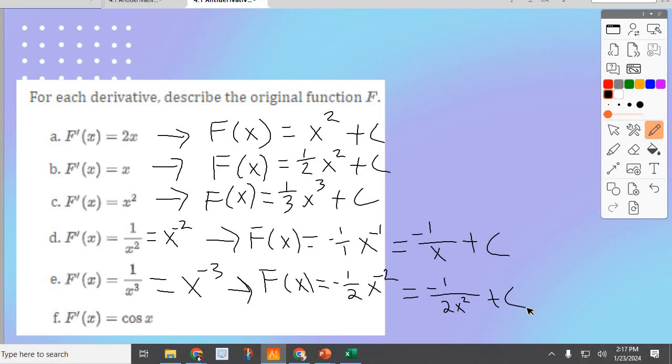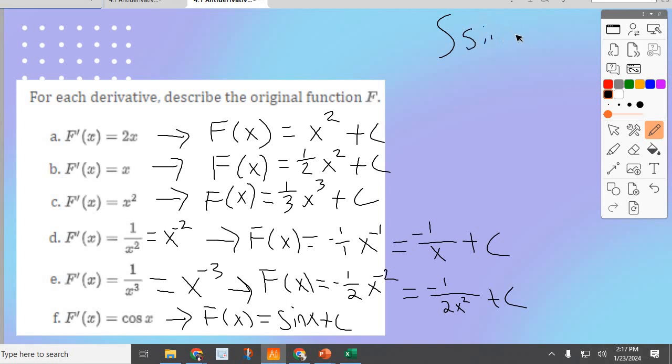The derivative of what gives us cosine? Sine. So that means that my antiderivative of cosine is sine. Now, it's not on here, but let's go ahead and look at it.